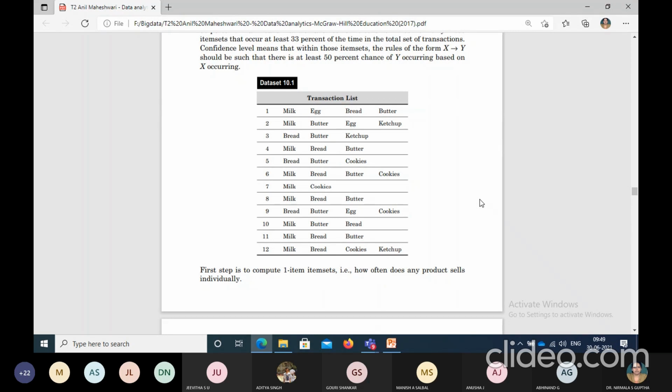So the conclusion for the first step is, thus we can see how frequently each one item set can be sold.